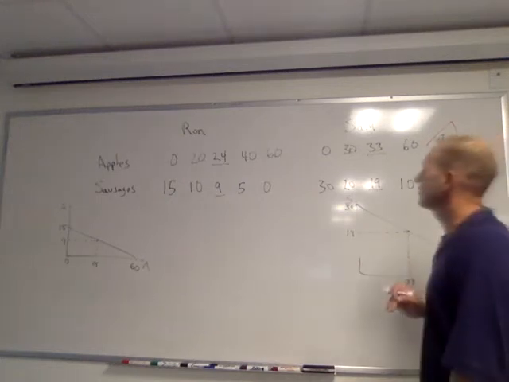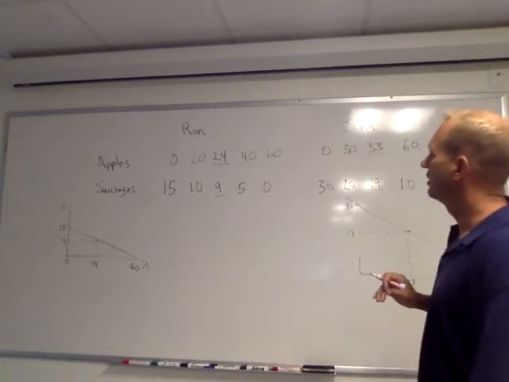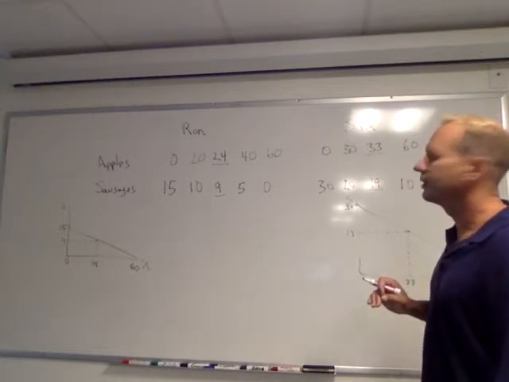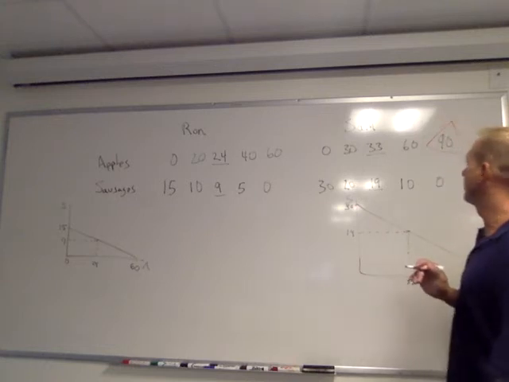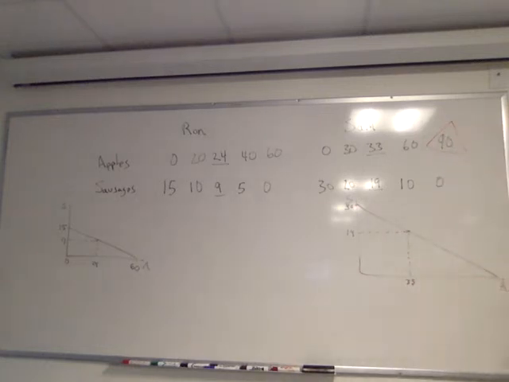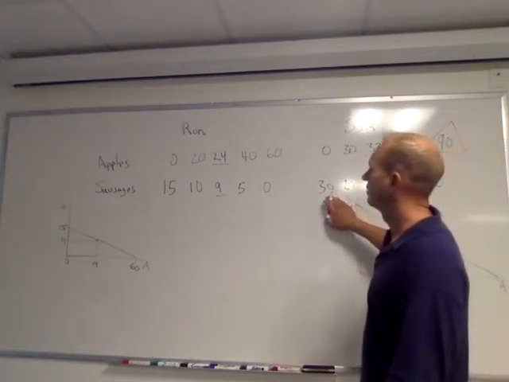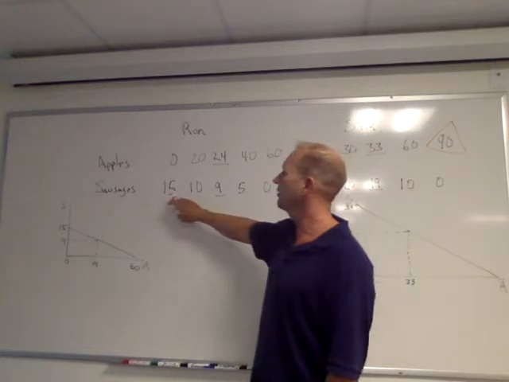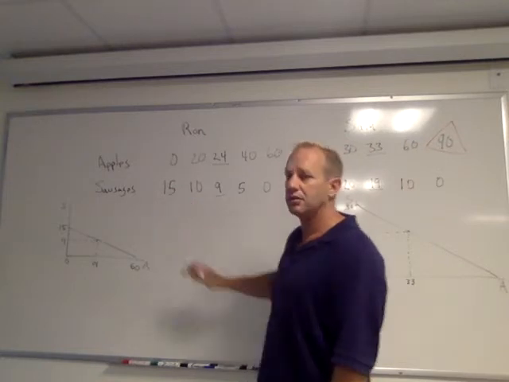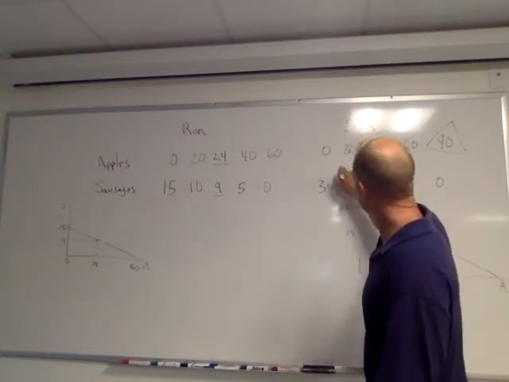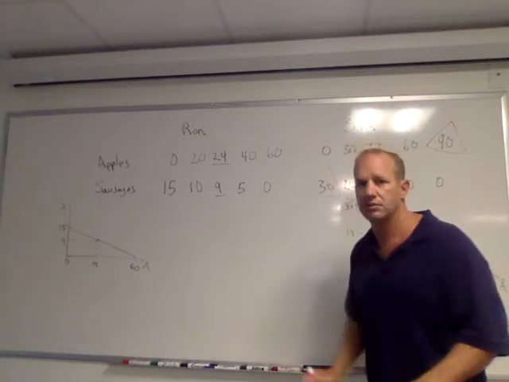How about sausages? Use the same logic and see if you can see who has absolute advantage in the production of sausages. Well, in a given time period, Sam can make 30 sausages, but Ron can only make 15. Sam has absolute advantage in the production of sausages also.